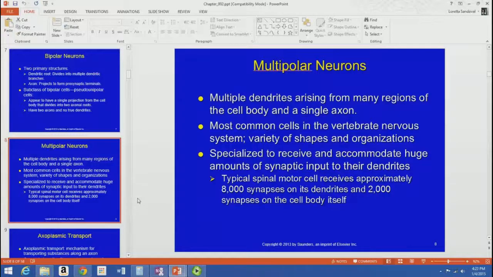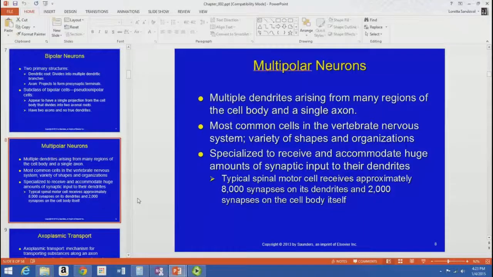They receive tons of input, and all that information is then processed by the neuron and possibly transmitted to other cells. So the little fun fact here: a typical spinal motor cell receives approximately 8,000 synapses on its dendrites and 2,000 synapses on the body itself.